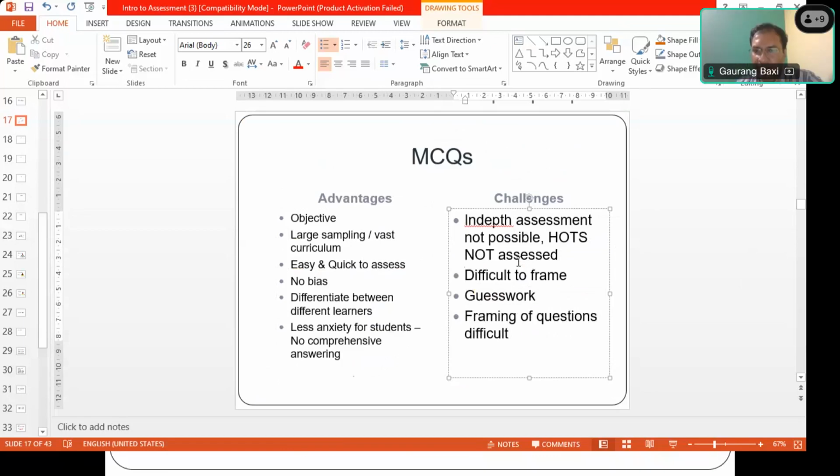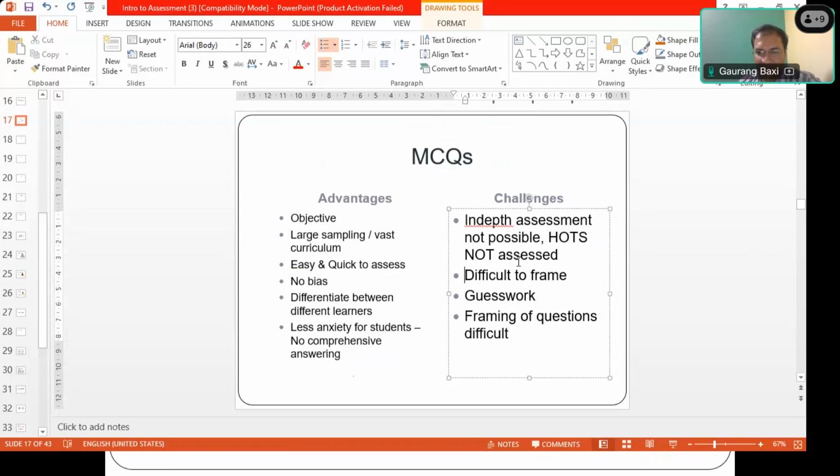Okay, so it all depends on the way the question is framed, which would decide whether the higher order thinking skills are assessed or not. With MCQs, if they are problem based, scenario based questions, then it is definitely possible to assess at a higher level, maybe up to level 4 in the cognitive domain.